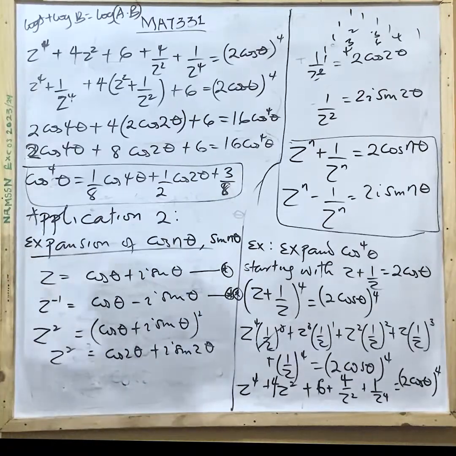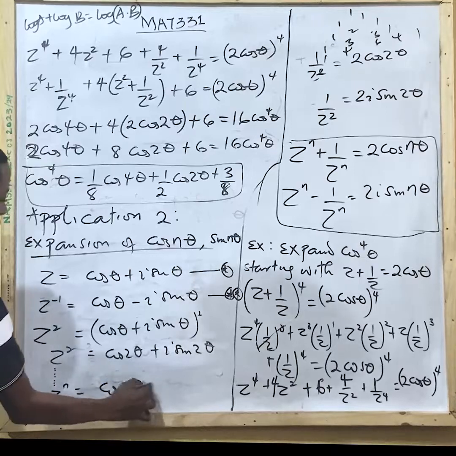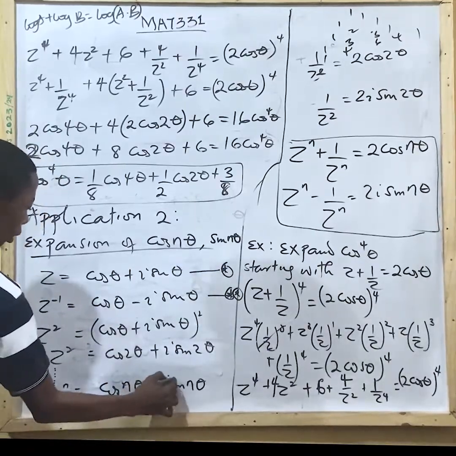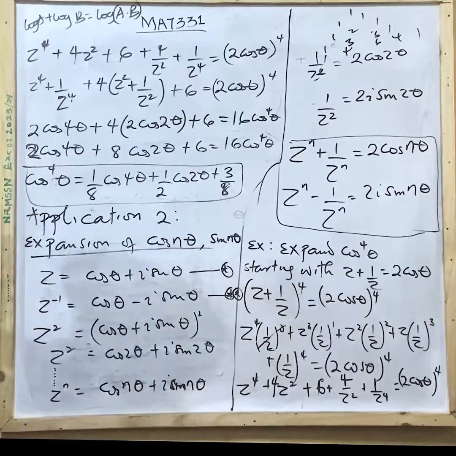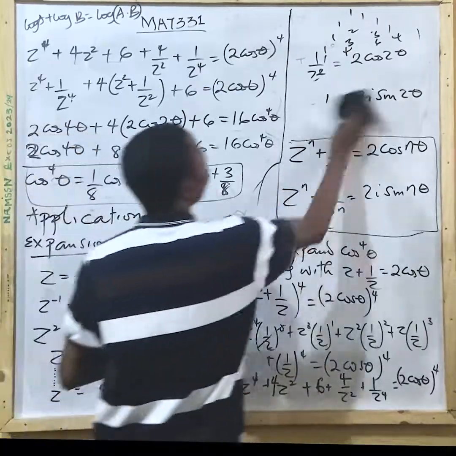Now, if I generalize, z^n will be cos n theta plus i sin n theta, if n is positive.